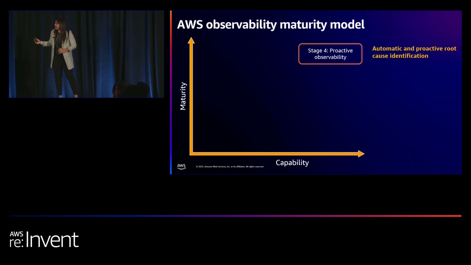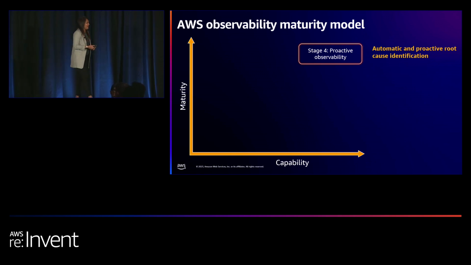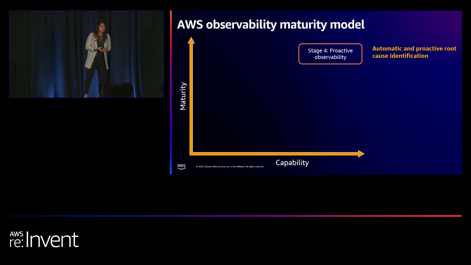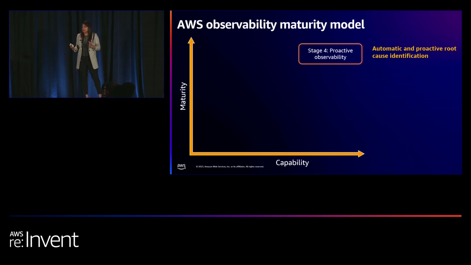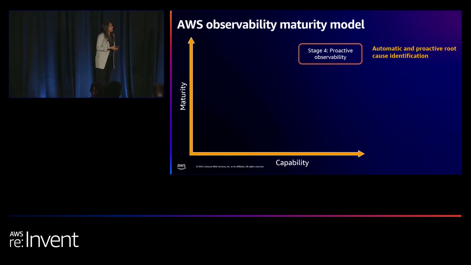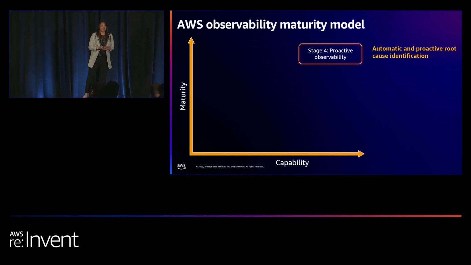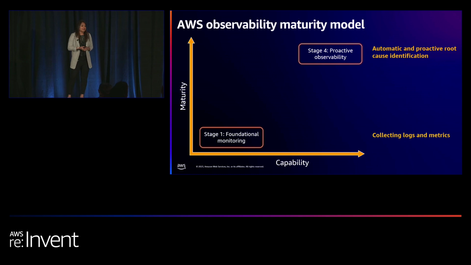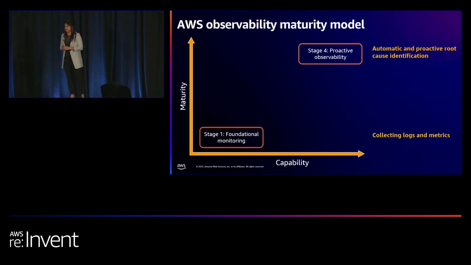And of course, everyone wants to be at the most ideal stage 4, and this is really when technologies like generative AI, as well as machine learning, really work for you and help you do automatic root cause remediation. But it's important to recognize that the foundations are extremely critical.